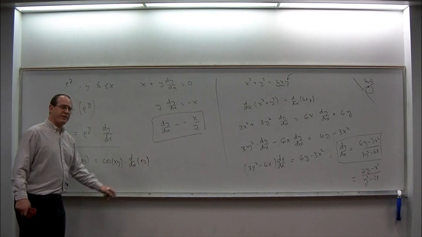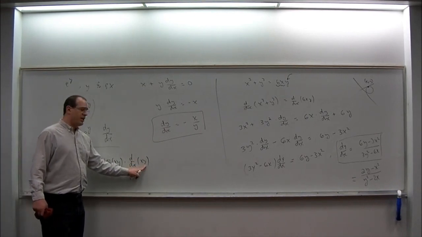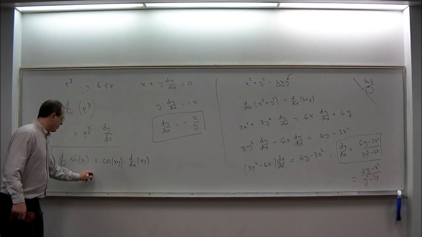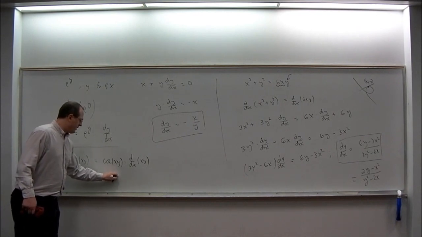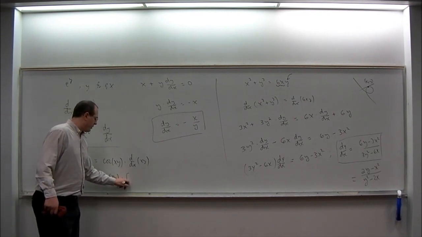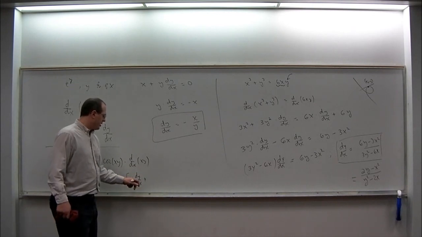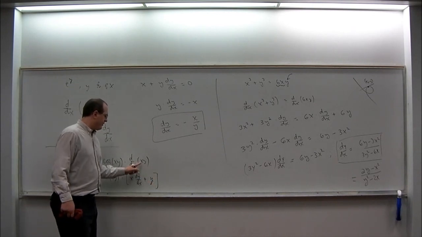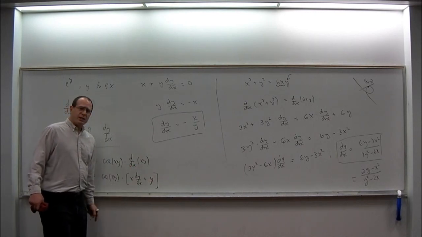And in this case, the derivative of the inside is a little bit complicated because this is itself xy, a product. It's x times a function of x. So we have to use the product rule in order to calculate this derivative. So we have the cosine of xy times the first times the derivative of the second plus the second times the derivative of the first. The derivative of x is 1, so I'm not going to write times 1.